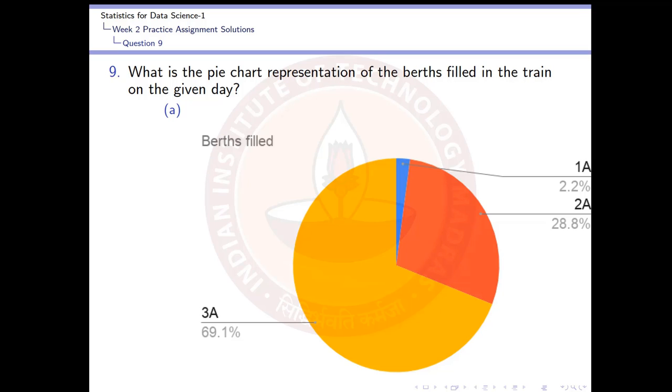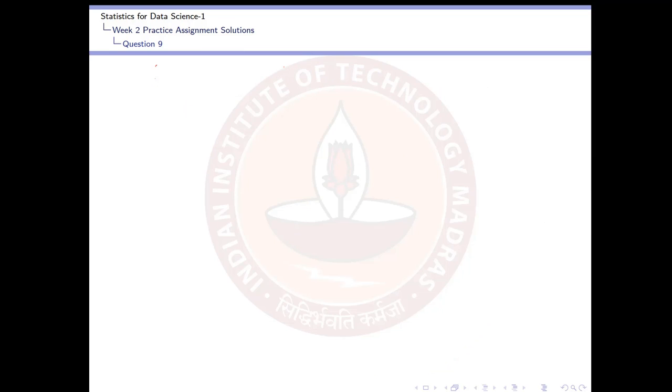So here in the options we are given the percentage of 1A filled berths, percentage of 2A filled berths, and percentage of 3A filled berths. So to conclude which pie chart is representing the berths filled, we have to calculate the percentage of berths filled for each class.